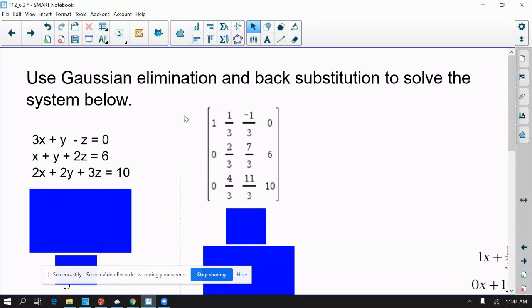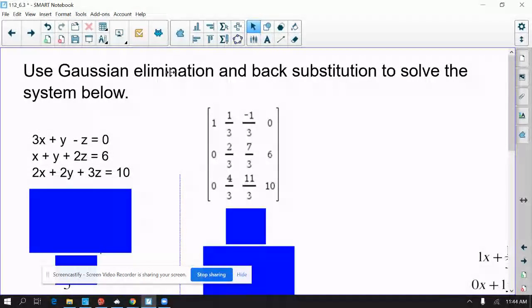Okay, so we're going to use the Gaussian elimination and then something called back substitution to solve. So here is a 3-variable system. We should think of this as 3 planes in a 3-dimensional space. So we have 3 axes, an x-axis, a y-axis, and a z-axis, and they all have to be perpendicular to each other.